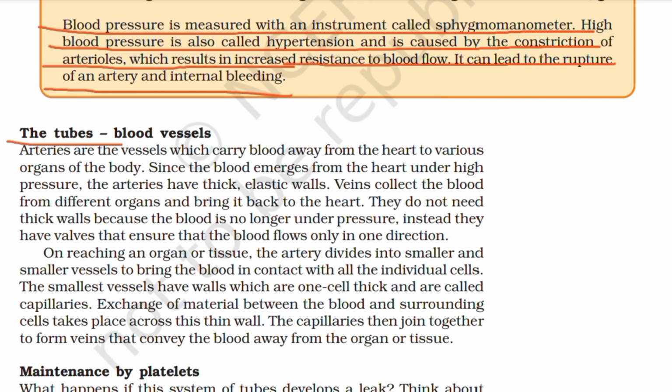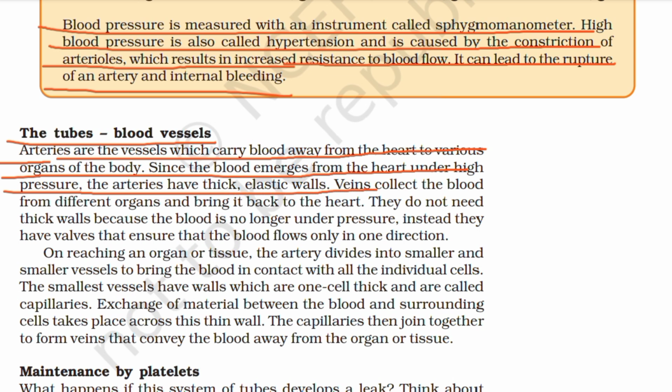The tubes: blood vessels. Arteries are the vessels which carry blood away from the heart to various organs of the body. Since the blood emerges from the heart under high pressure, the arteries have thick elastic walls.